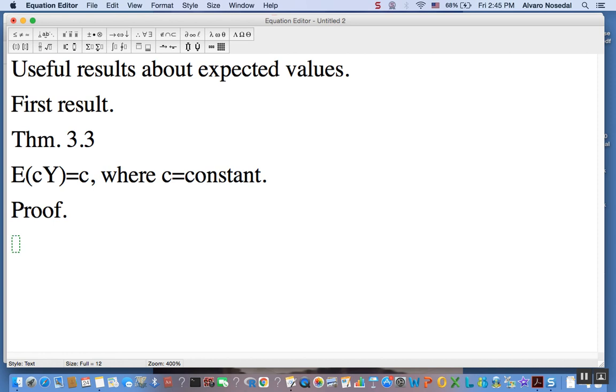Okay, so the proof will be surprisingly simple.